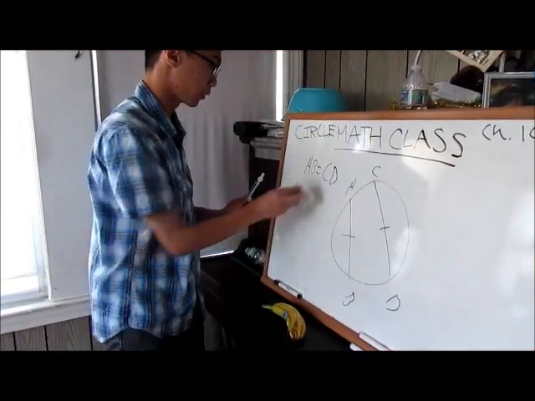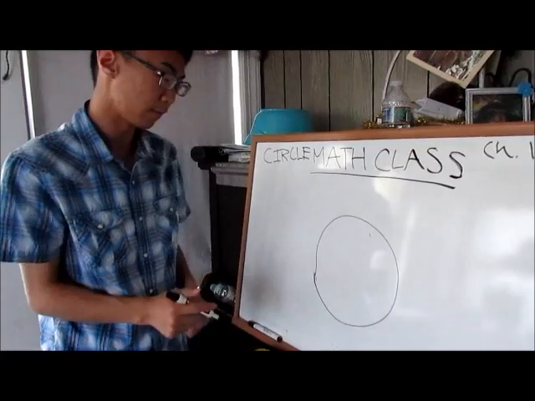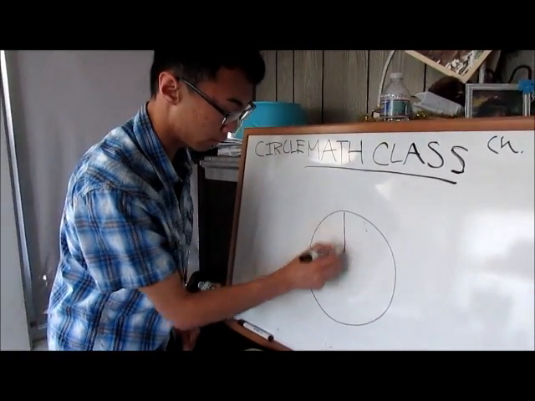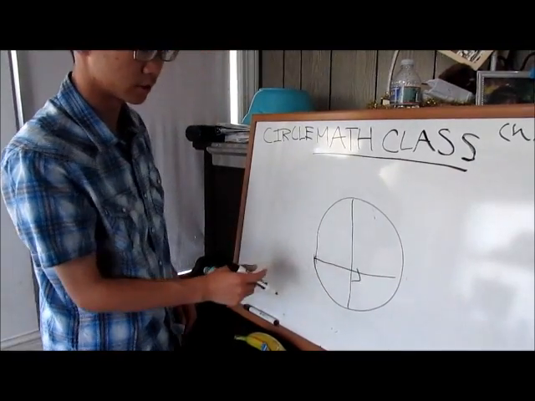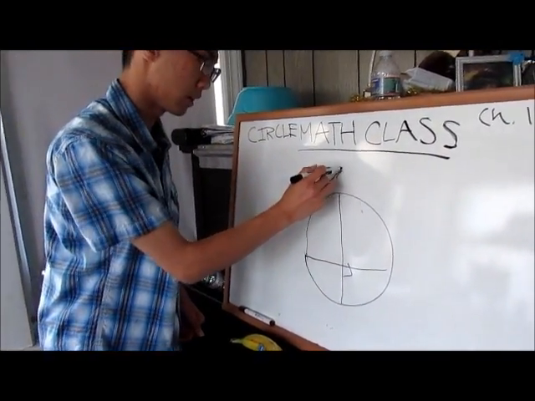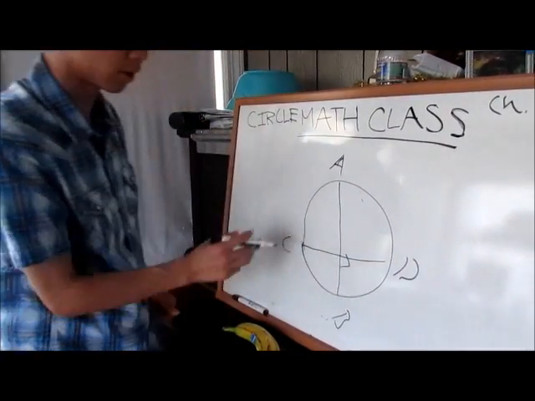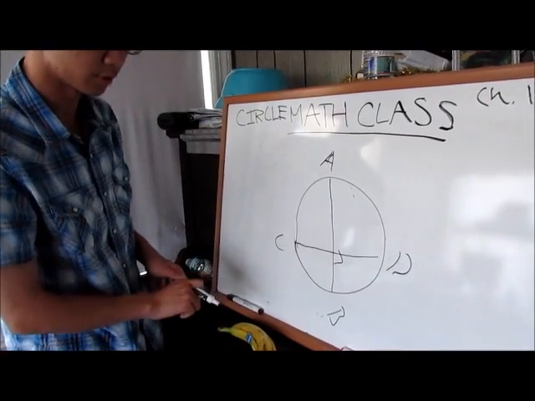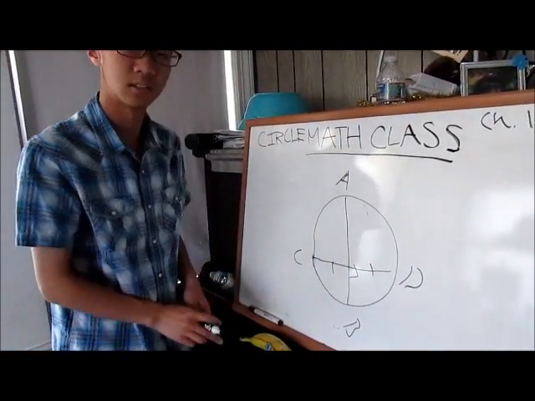And also in this chapter, you can tell if two chords are perpendicular bisectors of each other, then the first chord is going to be the diameter of the circle. And here, AB and CD are perpendicular bisectors of each other. And therefore that means AB is the diameter of the circle.